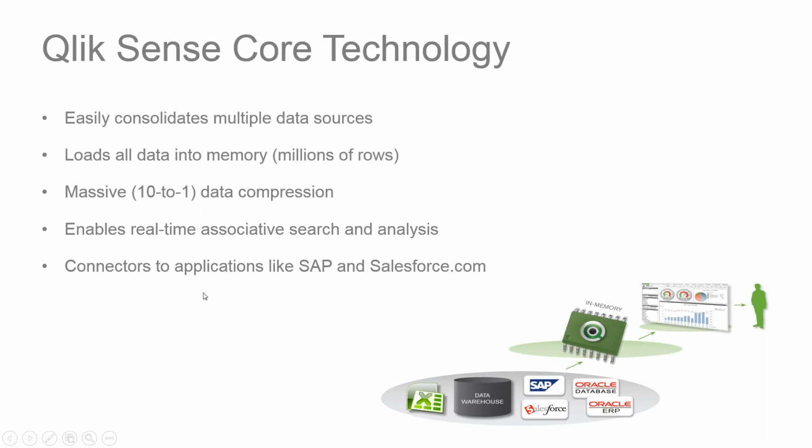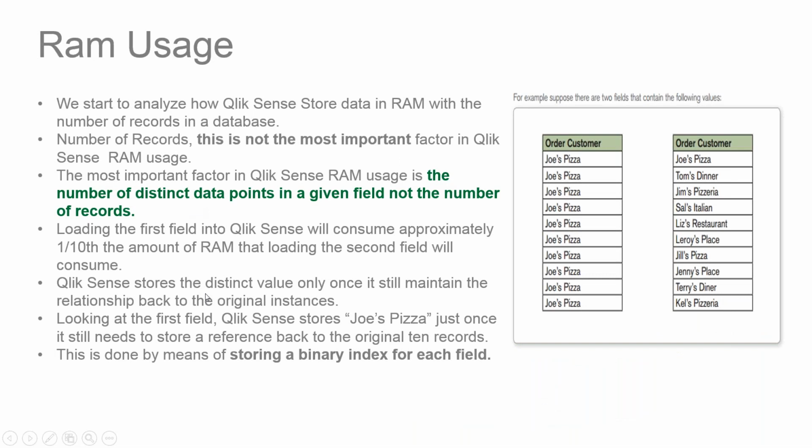So what it does is this. My data size is 10 GB. Out of this 10 GB, how many records are distinct by each column? That is also a key criterion.